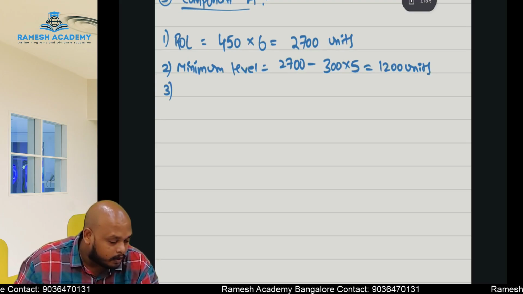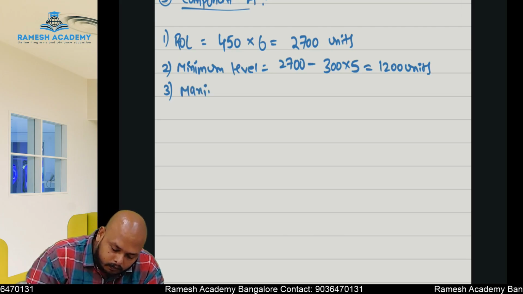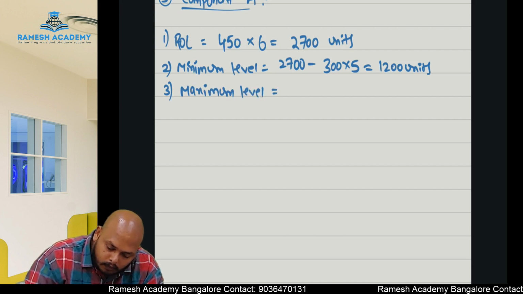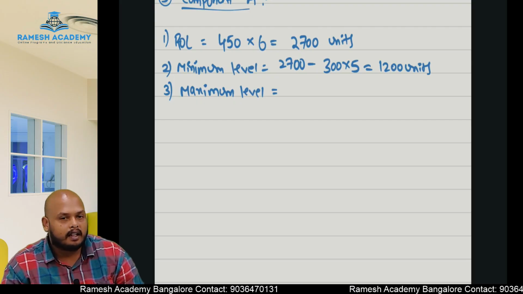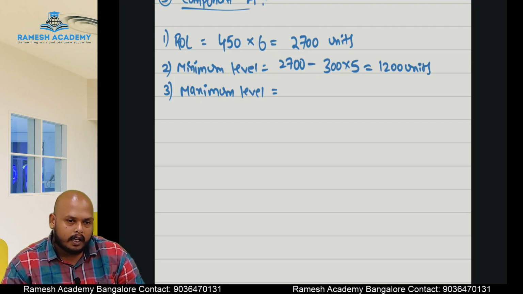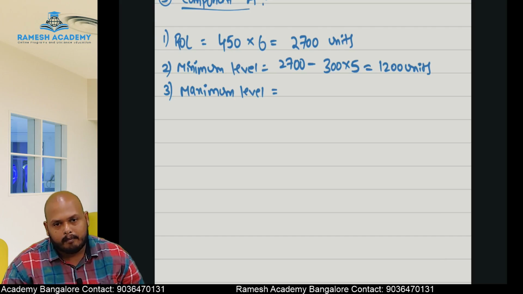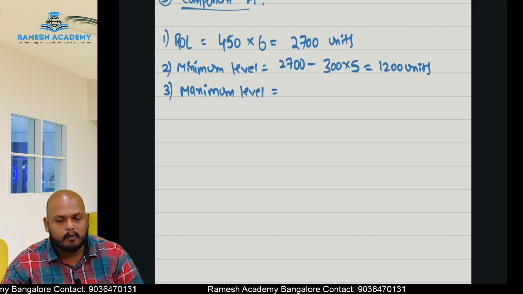Next, the third question: maximum level. What is the formula? Reorder level plus reorder quantity minus minimum consumption into minimum lead time.